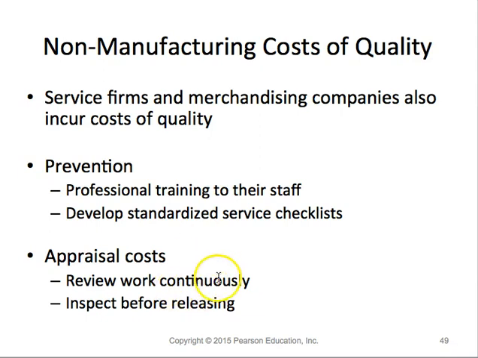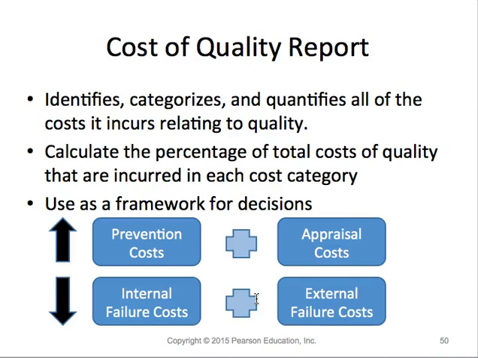Reviewing work continuously and inspecting before releasing is also part of the cost we have to bear. So cost of quality reports identify, categorize, and quantify all of the costs incurred related to quality.